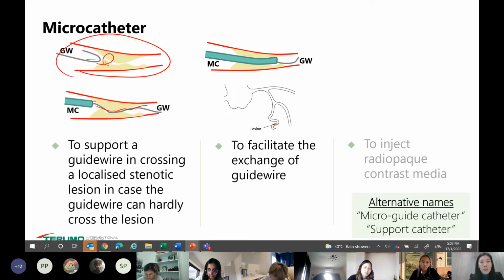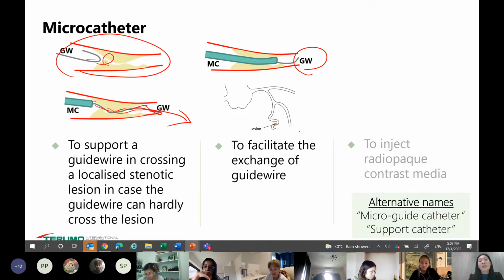Another function of this microcatheter, once your guide wire is here: let's say I use a very hard guide wire here, so hard that I may poke through my vessel and damage it. I want to change it to a softer one to make my procedure safer. So once my guide wire goes through, I push my microcatheter here, and I exchange the stiff guide wire for a soft guide wire.